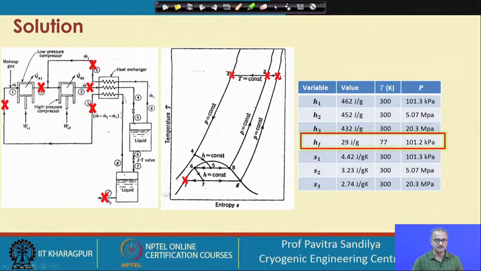This liquid is being taken out from this position. So this point is the HF, and please remember that we are assuming that this liquid is saturated and not subcooled. That is why it falls right on this saturated liquid curve. So this is the value we read from the TS diagram.